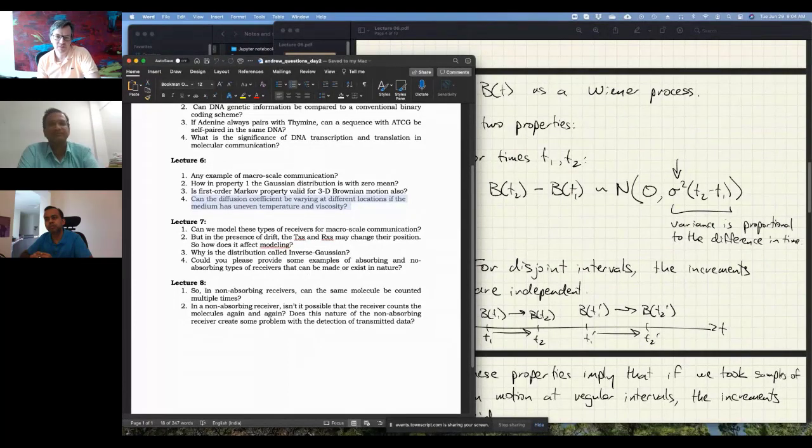And another thing we tend to have to do is assume independence. I actually don't have as much experience with non-absorbing receivers as with absorbing receivers. I do know that it's much more difficult to deal with. We do talk about some techniques in this lecture series, I can't remember exactly in which lecture, maybe lecture 8, for dealing with these kinds of situations, but it is much more difficult.